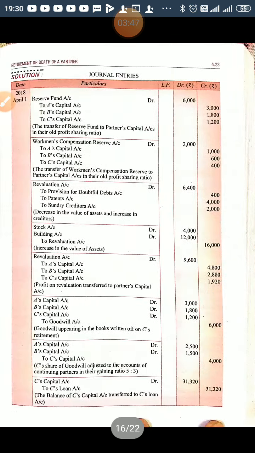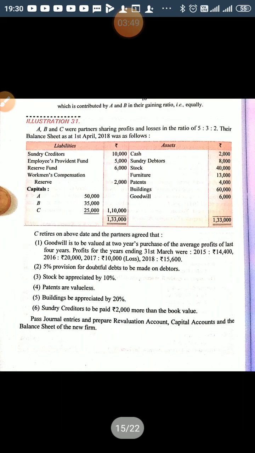Because in this question they haven't decided the new profit sharing ratio of the remaining partners, that is A and B, no information has been given about their new profit sharing ratio. In this case the rule is, if the question is silent about the new profit sharing ratio, then the remaining partners will share their profits in their old ratio.